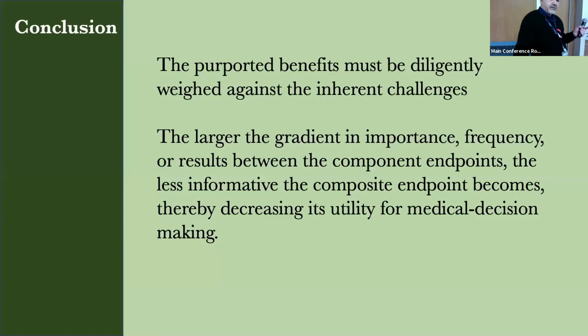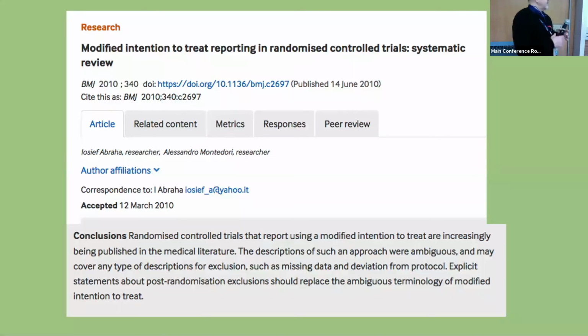This is the conclusion. This is what we talked about. And before we go to the small group, when I was reading this paper, I came across modified intention to treat, and I really didn't know what a modified intention to treat is or was.